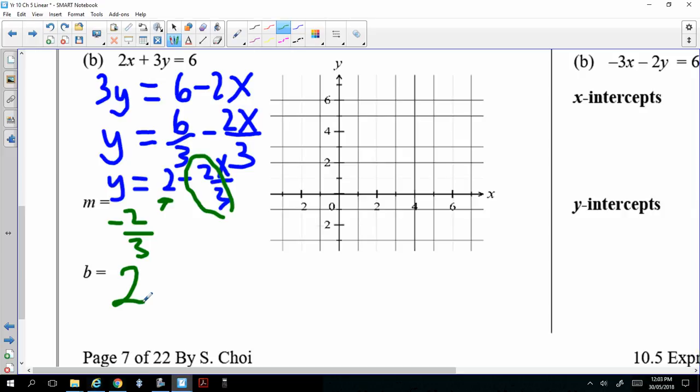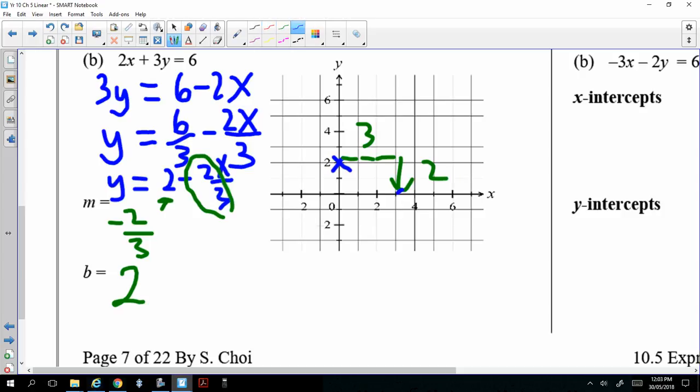Your graph will start from 2, that's your starting point. In this case, because it's negative, the run is 3, so you go across 3 steps, 1, 2, 3, but you go down 2 steps. Then we get another point, this point here.